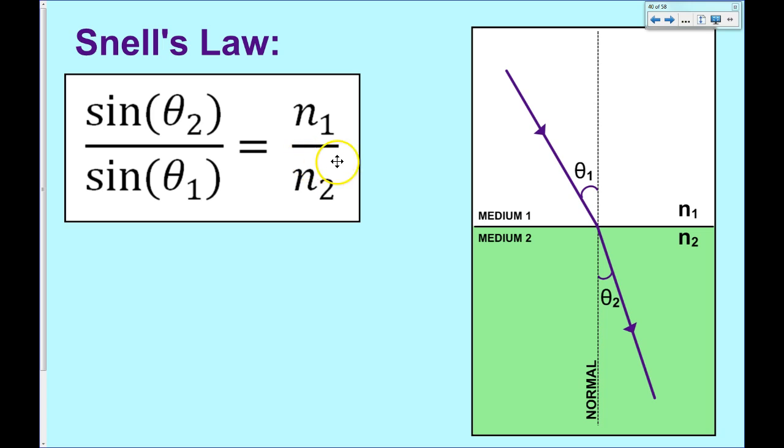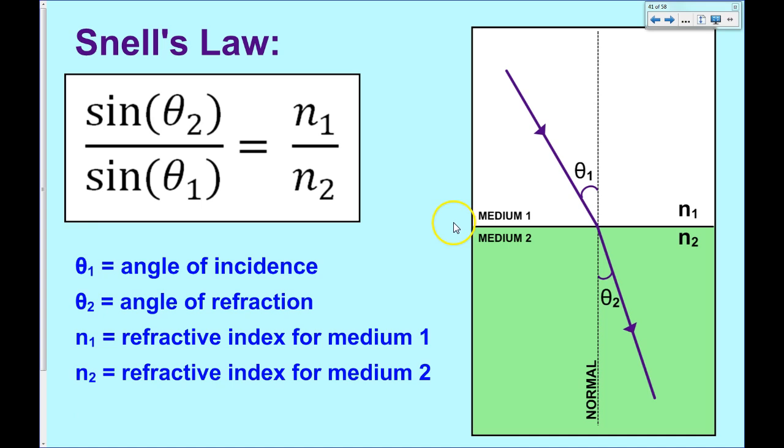And that's the part that's new for you, and that is basically just a property of the material on either side of the boundary. So this n value is called the refractive index for the substance, whatever it is, and it basically is a number that tells you how much, to what severity, light will bend when entering that medium.